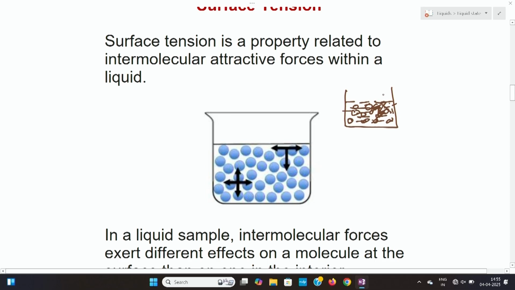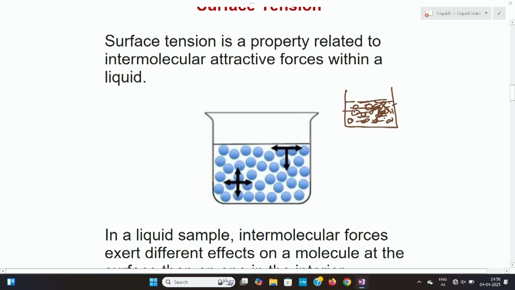It is not getting a force from above. Then what happens? The molecule at the surface experiences an inward pull from the interior.